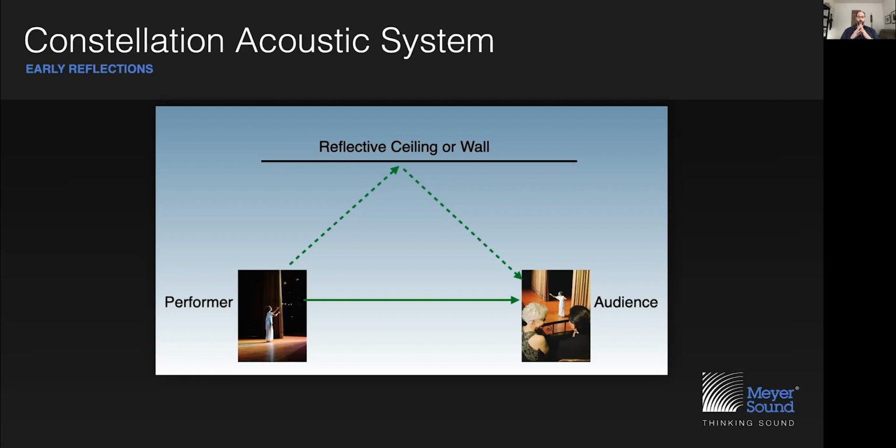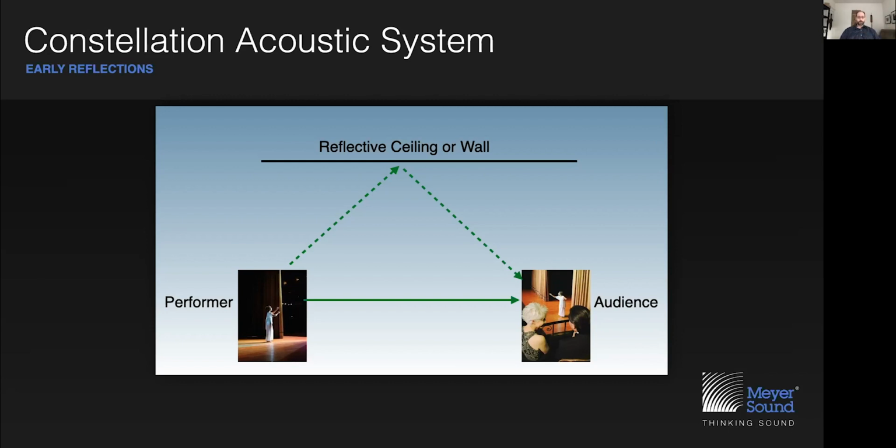And these are very important because they arrive shortly after the direct sound. And if you're close enough to the reflective surface, you're not going to hear that as an echo. It's just going to help reinforce that sound, and it's going to strengthen the direct sound a little bit. And the end result for the audience is you now feel a little bit closer to the stage, and it creates this sense of intimacy. And the reflections are also extremely important for performers themselves to hear each other on stage in the case of an orchestra.